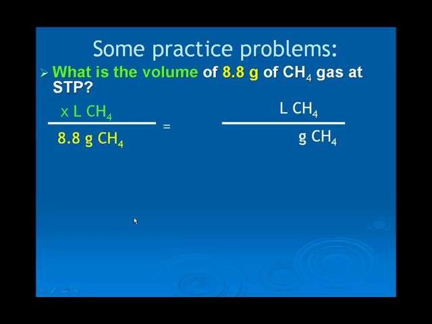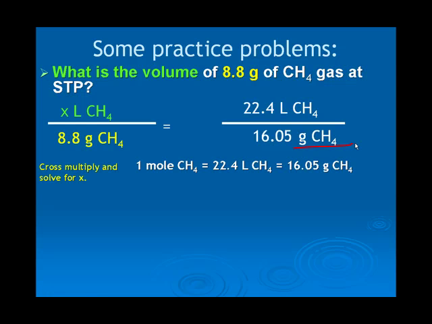We need a relationship between liters and grams. Now, since we're at STP, like we always will be, you can just put in 22.4 liters for STP. For the liters right here, 22.4. And grams, it's always going to come off the periodic table. So add up a carbon and 4 hydrogens, get the molar mass of methane, and put that number in there.